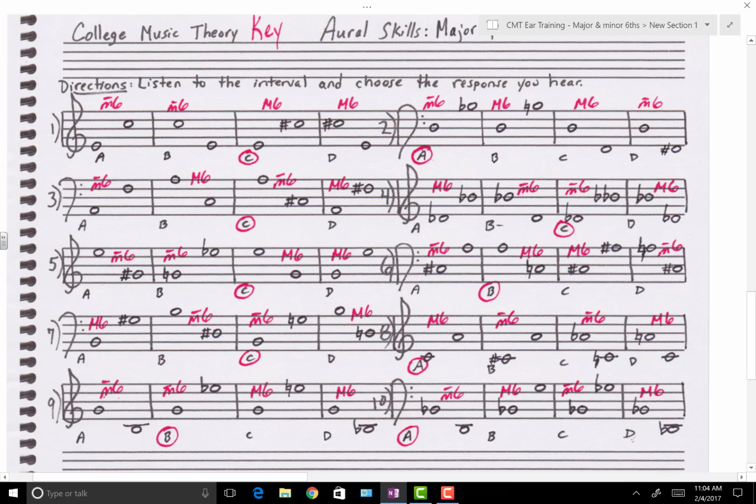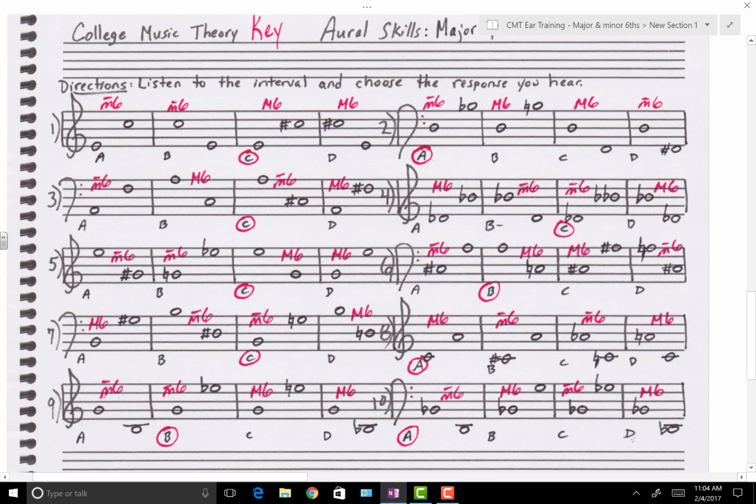For number 9, the correct response was B. We heard a minor 6th ascending. 9A was a minor 6th descending. 9C was a major 6th ascending.